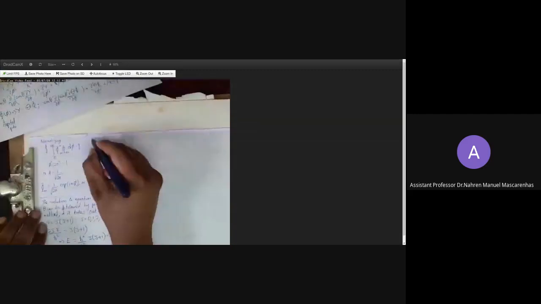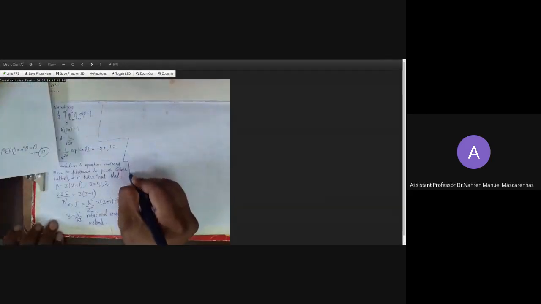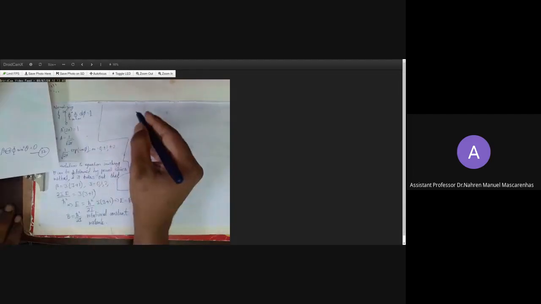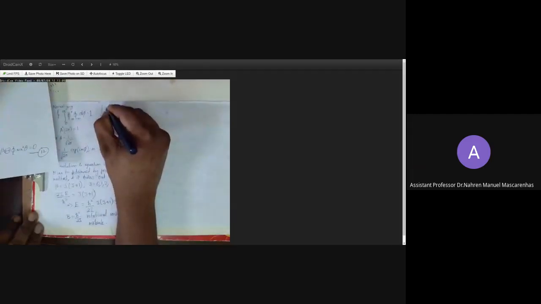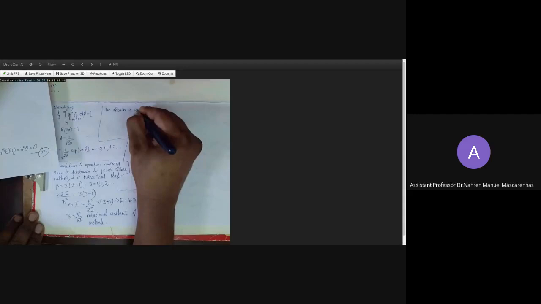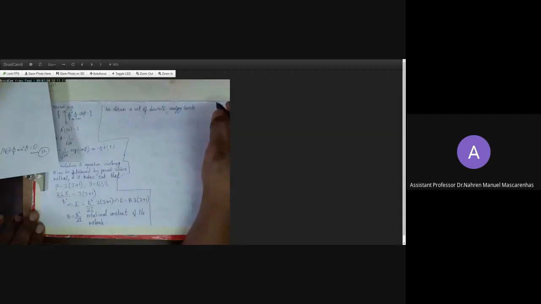Okay, but what is the important thing is that once again, by solving all this, what we have found is that we again obtain a set of discrete energy levels.